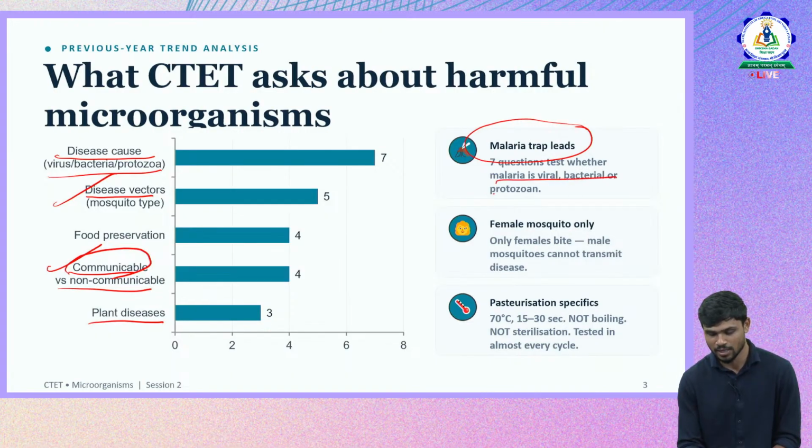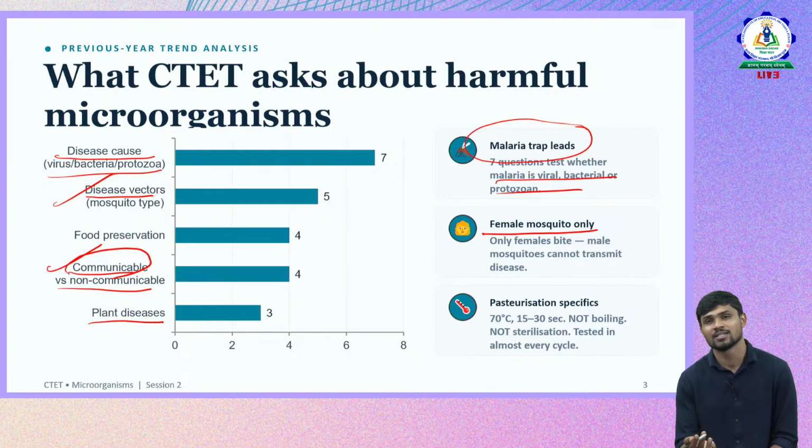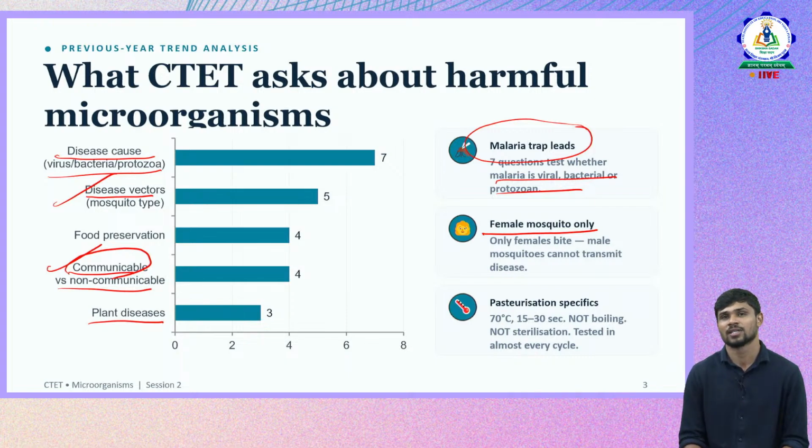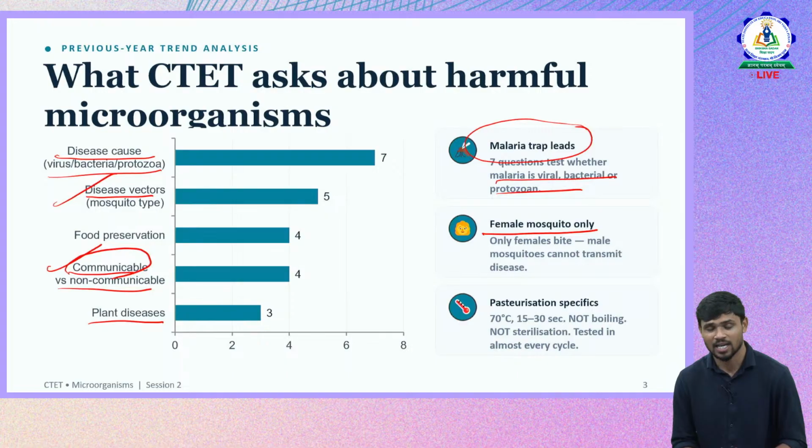Then mosquitoes: which mosquito? The names of mosquitoes are also asked, because the mosquito that carries the malaria pathogen is different from the mosquito that carries the pathogen of another disease. So that is one thing.